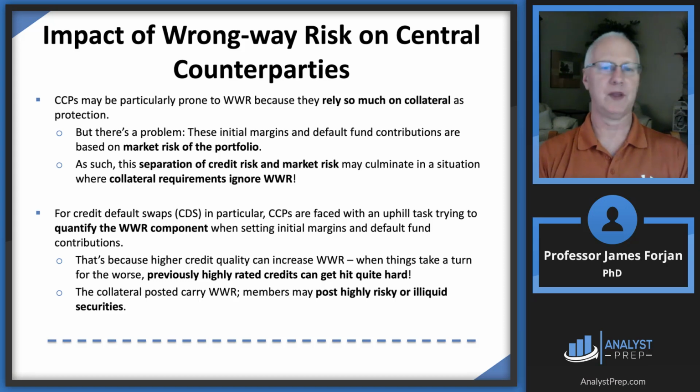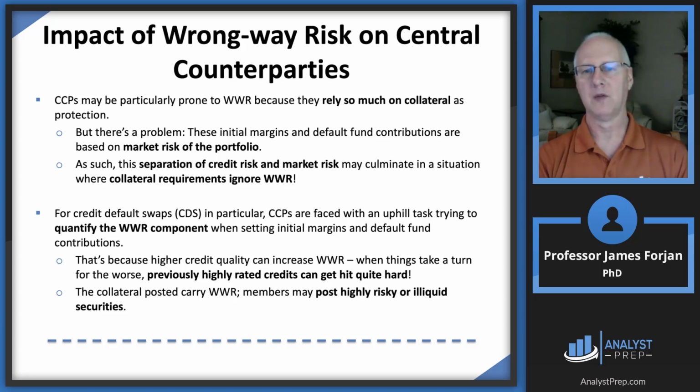Right? Look, I said this to you guys before. We want to be able to quantify the risk so that we can price the risk. And that's what we're trying to do here. Price the credit risk. We've got lots of good models to do that. Price the market risk. We got some good models there. Price the wrong way risk.